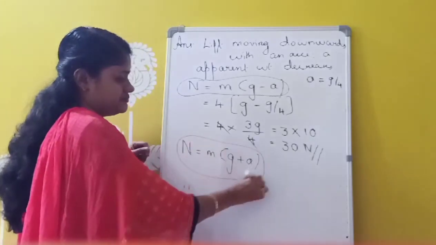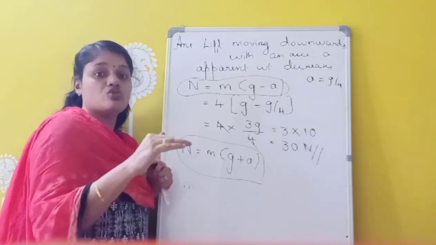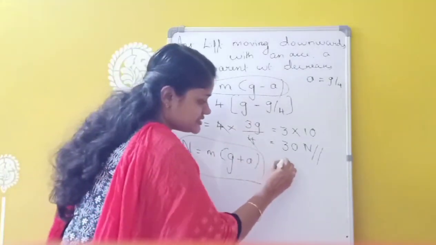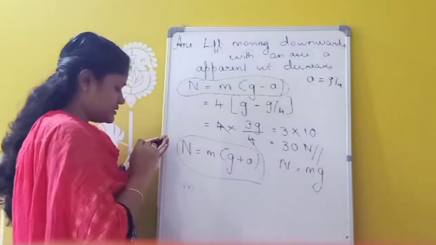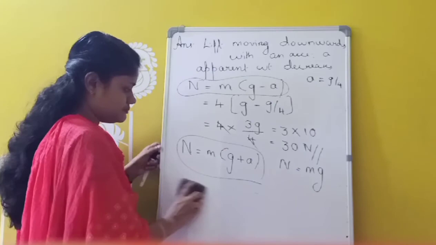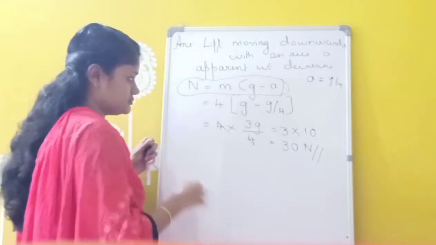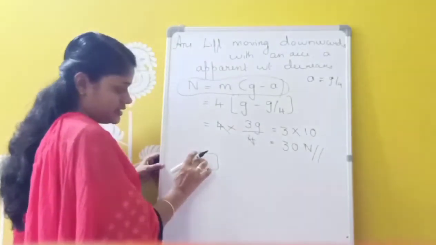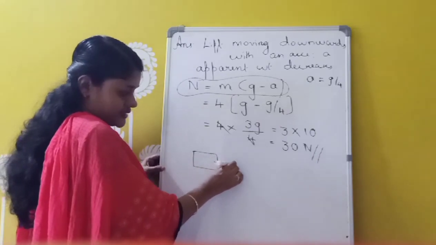Clear? And suppose the lift is stationary, not moving at all. At that time we can write N equals mg. Both will be the same. Suppose I am drawing a diagram here. A person is standing on the lift and the lift is stationary, and the person's mass I am taking as m.